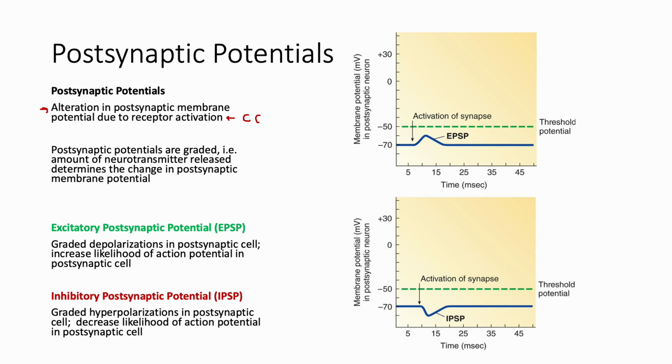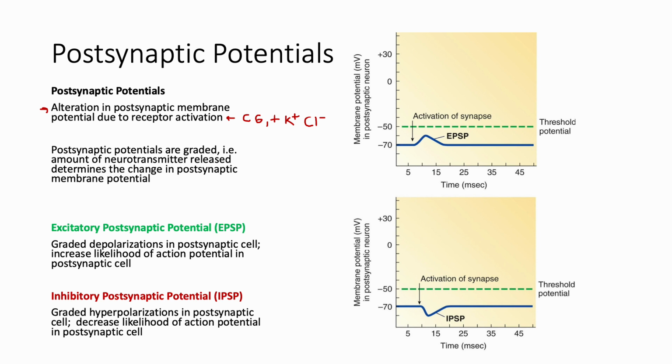So we said there are cation, we said there was potassium, and we said there was chloride, right? Those are our chemically gated channels. Okay. We also say that these postsynaptic potentials are graded, and I tried to explain before that just means they can vary in size, and that is due to the amount of neurotransmitter that is released by your presynaptic neuron, right?